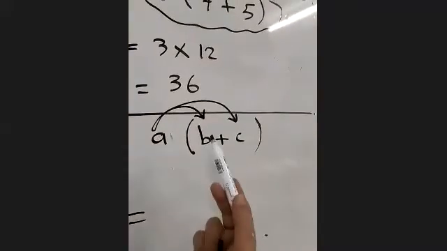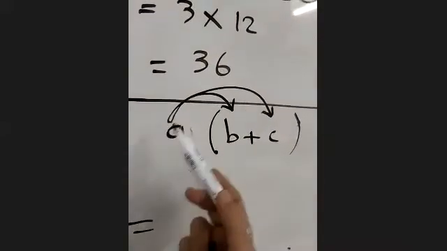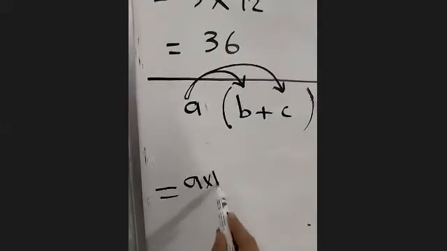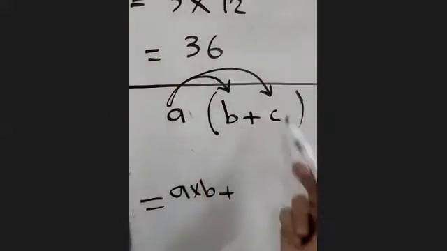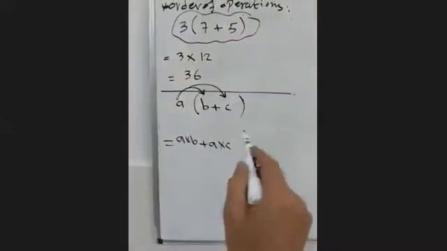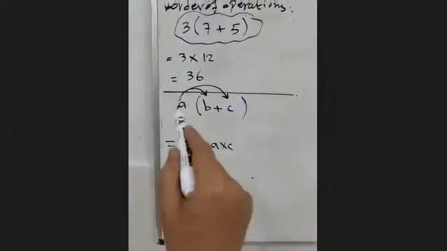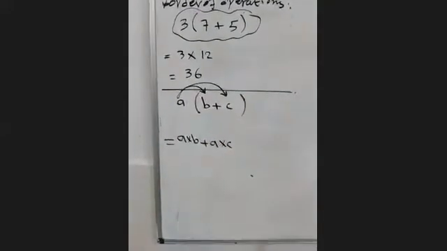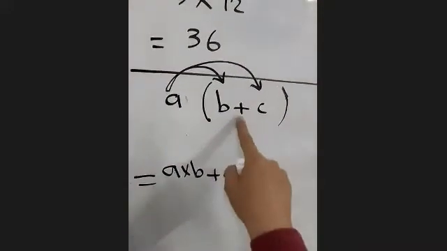So it will be A multiply B and A multiply C. A multiply B plus, because we have plus here, it comes down, A multiply C. A bracket, parentheses, whatever, B plus C. We say A multiply B plus A multiply C. We distribute the outsider on the insider terms by multiplication. Now, if here is addition, it will be addition down. If here is subtraction, it will be subtraction down.